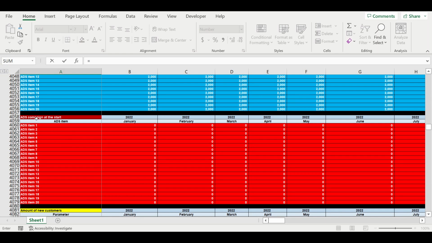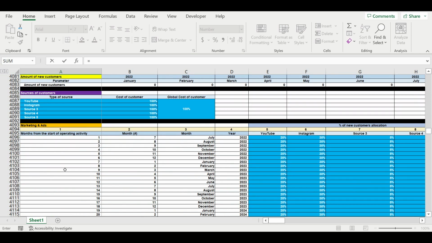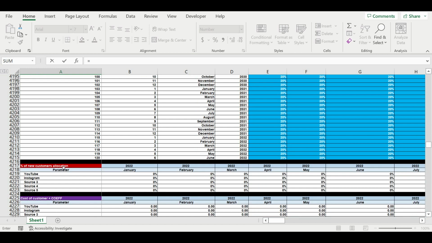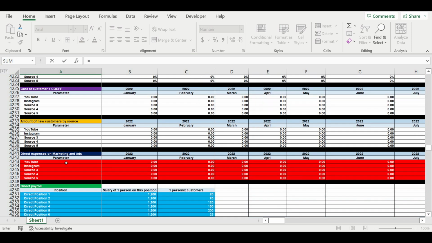The advertising campaign at the start: we will place all these expenses inside the investment stage or inside fixed expenses. Marketing and advertising we will put inside direct costs, because they depend on how many new customers we are going to attract to our project.